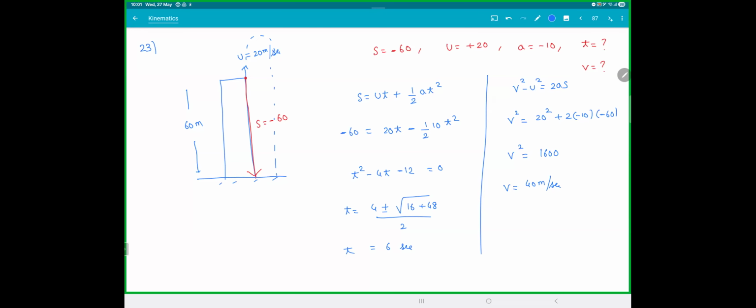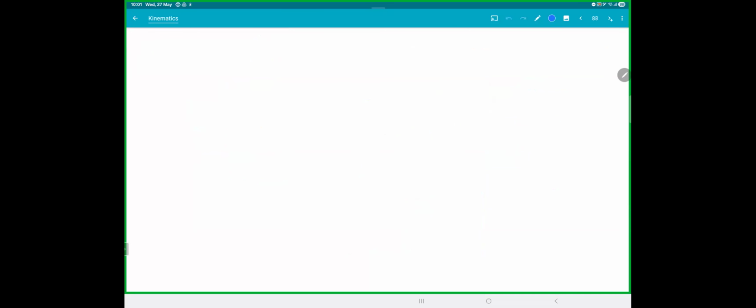All clear with this? Great. Any doubts on this? Let's see one more. Now, let's say we have some air resistance. So we have a particle projected with 20 meters per second.